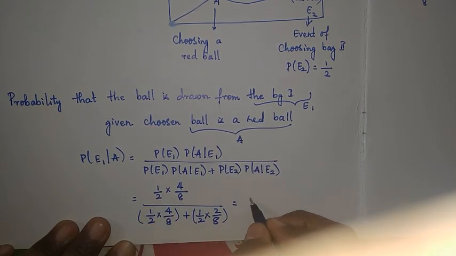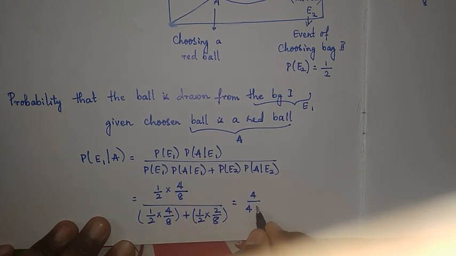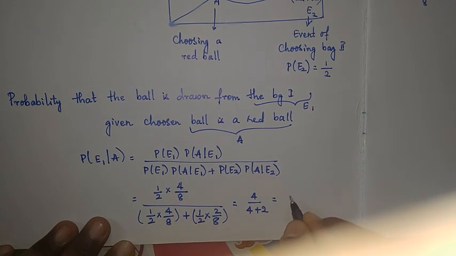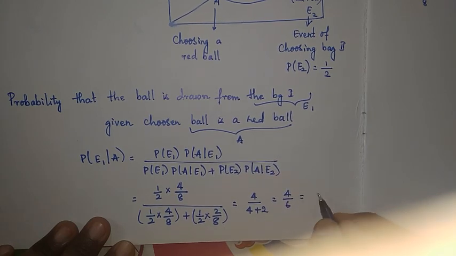We have 8 into 2 in both numerator and denominator. They will get cancelled out, so it is 4 by 4 plus 2, which is equal to 4 by 6. Dividing both numerator and denominator by 2, we will get 2 by 3.